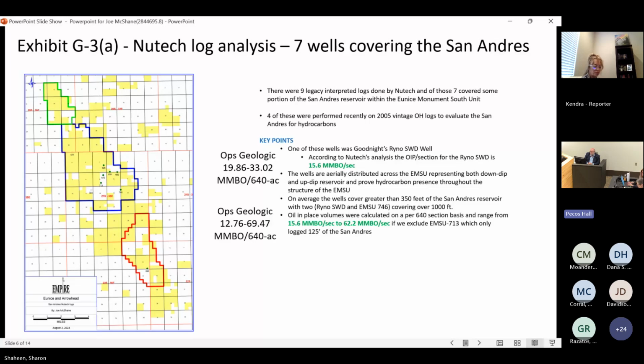And then for the range across these seven wells, Ops Geologic calculated out 12.76 to 69.47 million barrels of oil per 640. And when you say a 640 section basis, you mean a section which consists of 640 acres, correct? That's correct. And what I want to point out is that even though there are differences, for the most part, and we'll see this in the coming slides, their numbers are on trend.